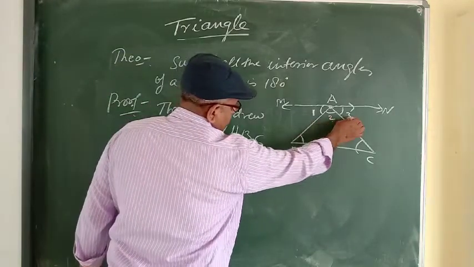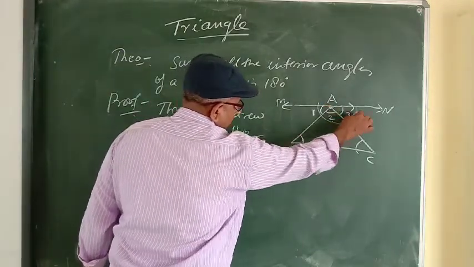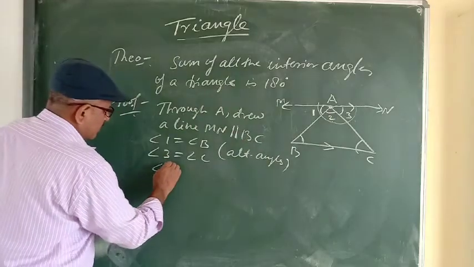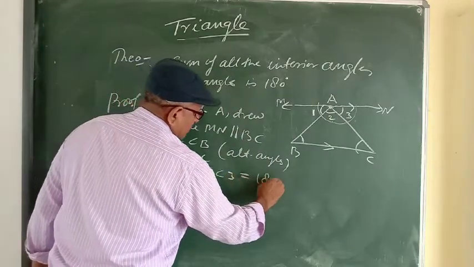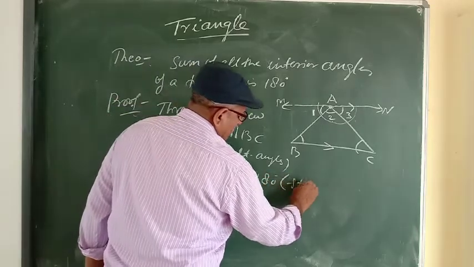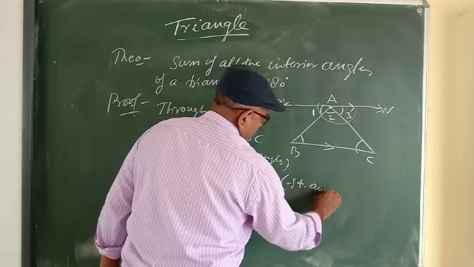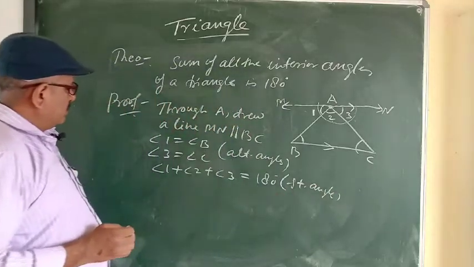Angle 1 plus 2 plus 3 will be a straight angle. Angle 1 plus angle 2 plus angle 3 will be 180 degrees, reason: straight angle. What is angle 1?